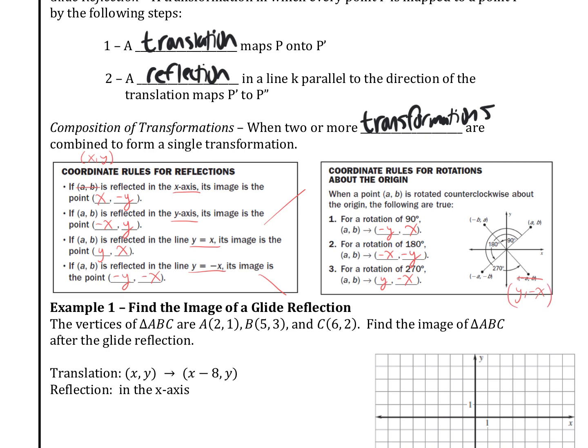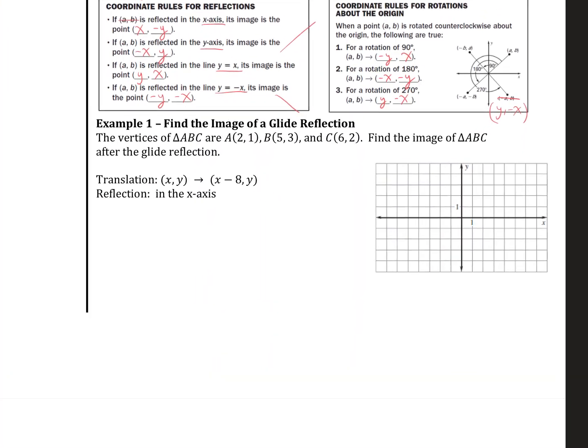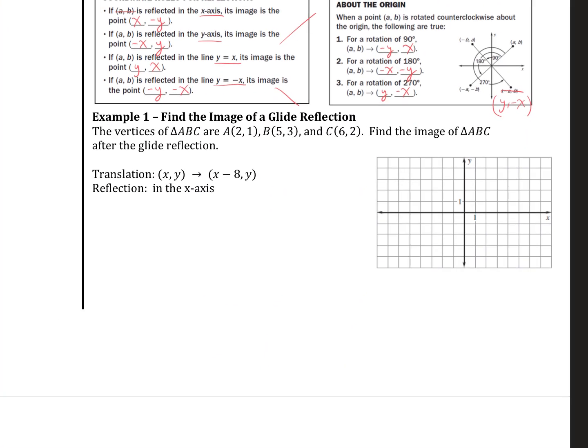All right, so let's do a glide reflection now, okay? So we have this triangle. We're doing two different things, okay? We're going to translate using the translation rule, and then we're going to do a reflection in the x-axis, okay? So let's just go from here.